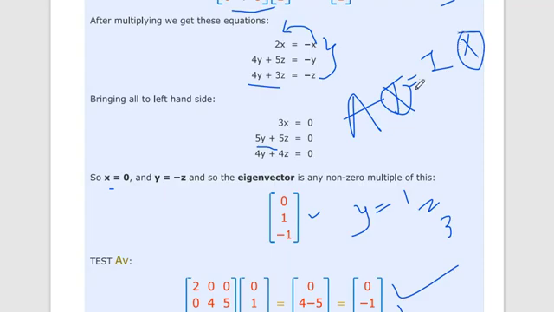So by the definition, if we multiply a vector with the matrix and get a scalar multiple, its direction remains the same. Now how do we find x?